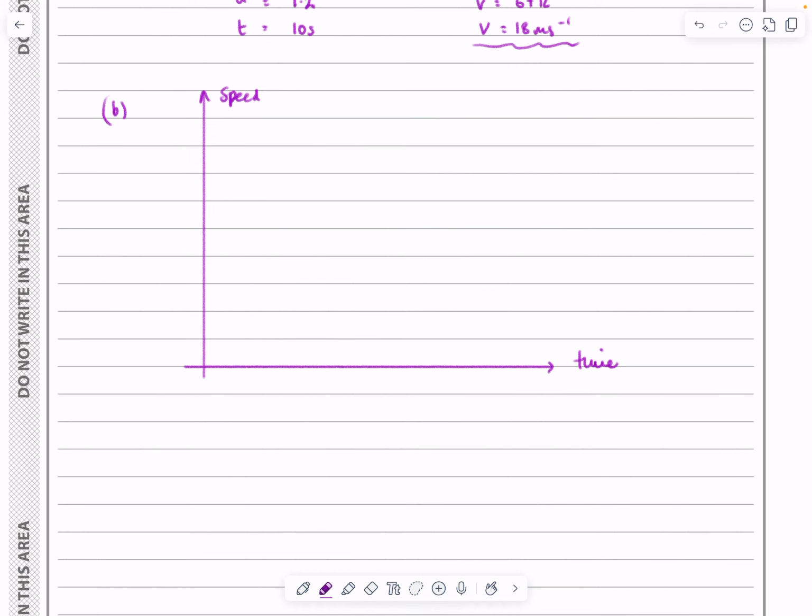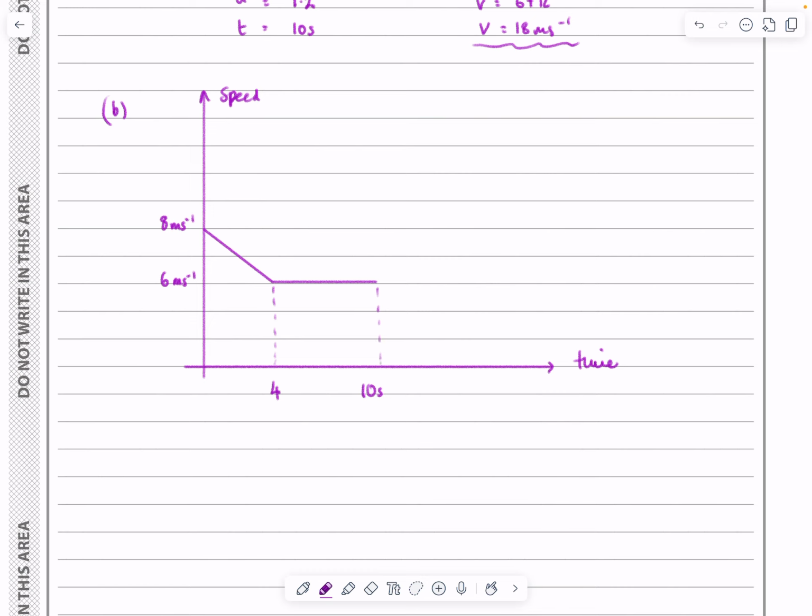It started off at 8 and it decelerated down to 6 meters per second, and in doing that, that took 4 seconds.